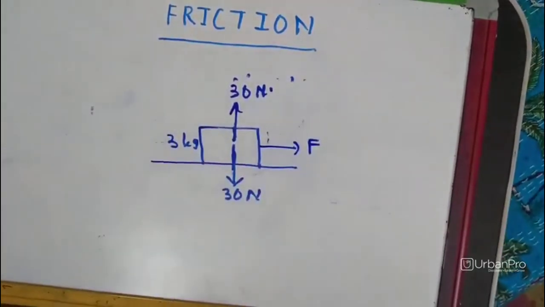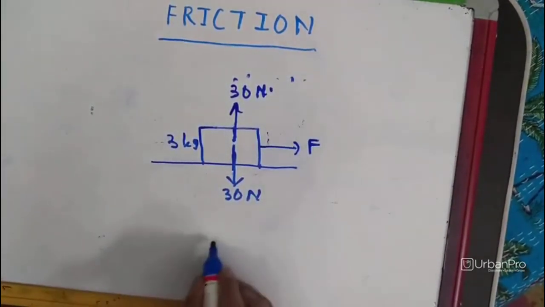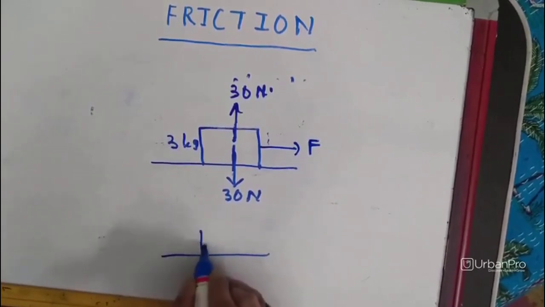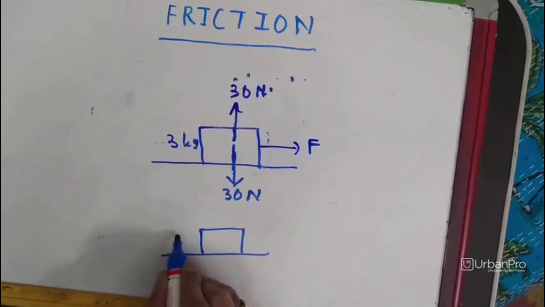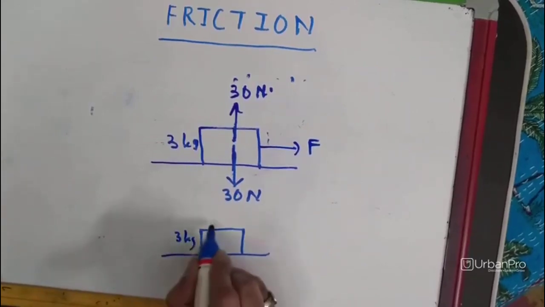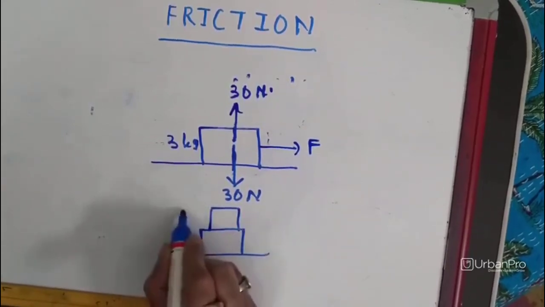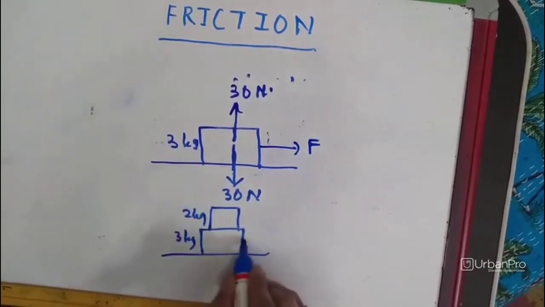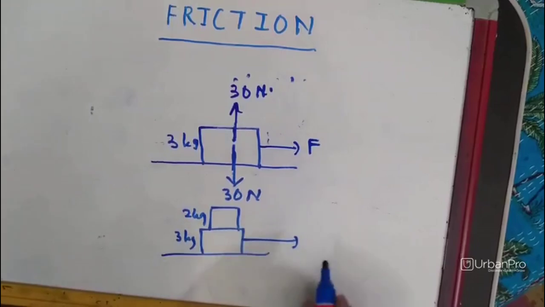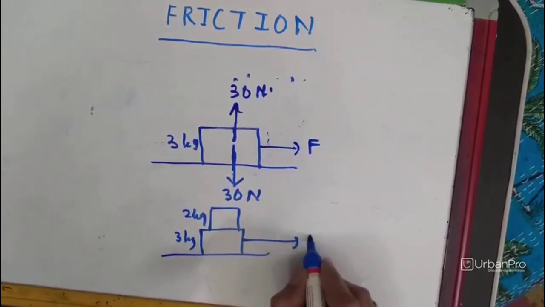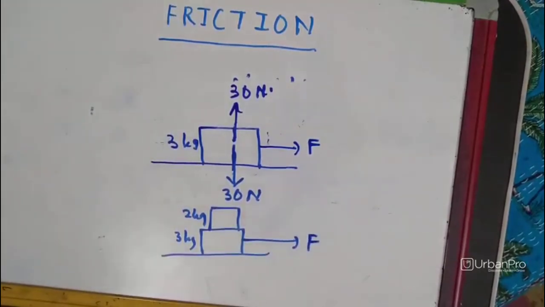Another hypothetical case, I have a 3 kg block, on top of which I put another 2 kg block, and I am being asked to pull the block on the bottom. Which one do you think will be easier to pull?